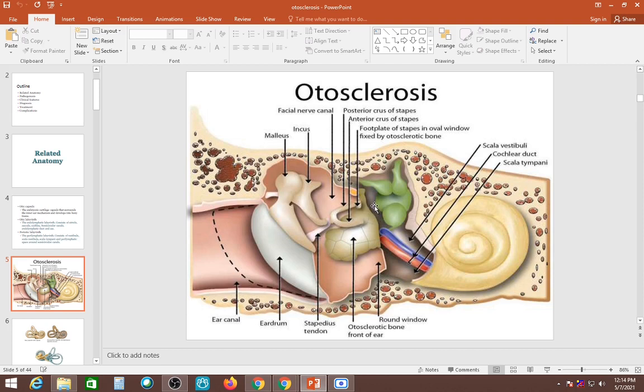What is this bone? Stapes. The malleus and incus are connected with this stapes. Abnormal bone growth happens inside the middle ear. This is the otosclerotic bone in front of the ear, and these are all the structures of the ear. So we will discuss one by one.